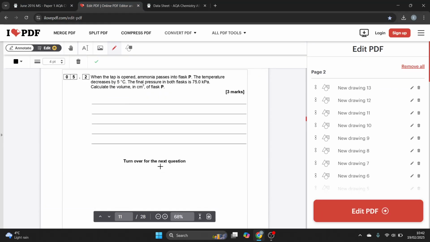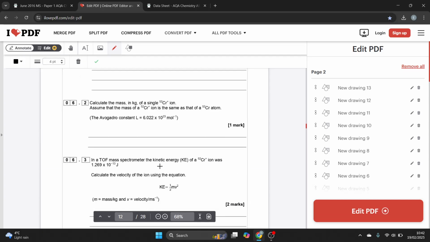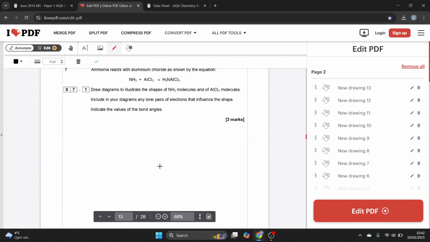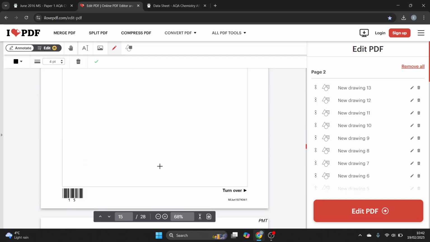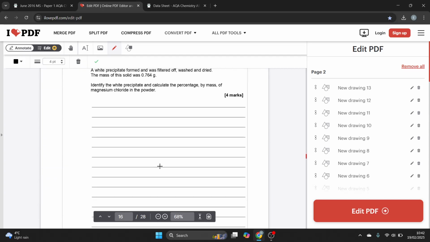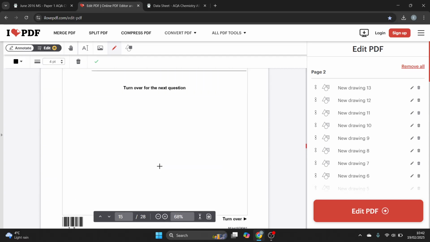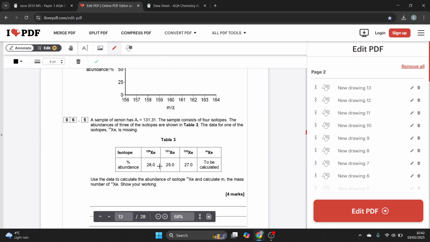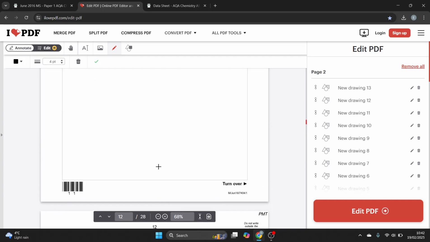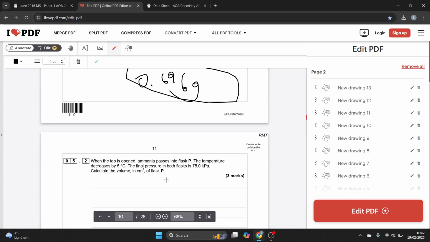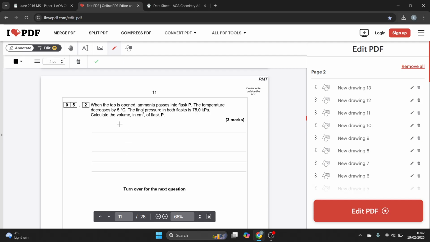Then it says when the tap is open, ammonia passes into flask P, temperature decreases by 5 degrees Celsius. Calculate the volume of flask P. So I know I'm going to use PV because I know T again.